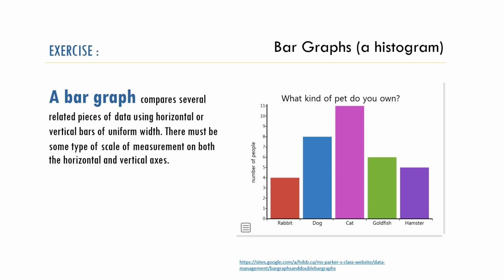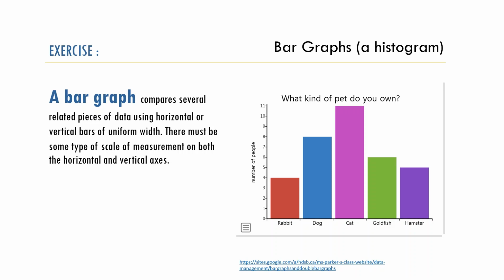which is called the bar graph. Okay, so the bar graph is something where you compare one thing to another that relate to each other. So one side on the horizontal is one thing, and on the vertical is another thing, and they relate to each other.